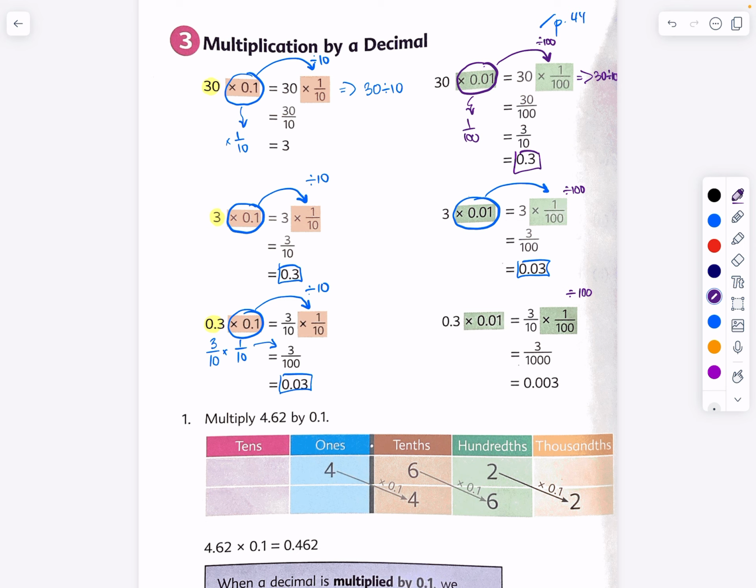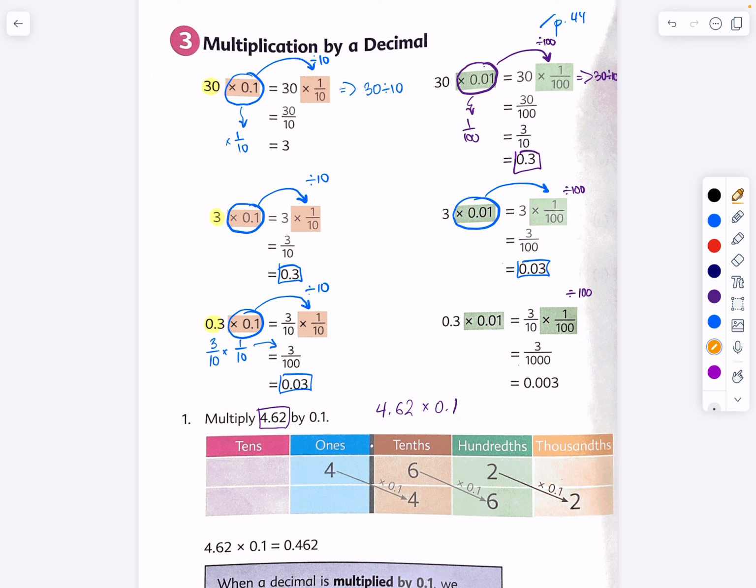So let's look at a different example right here below. We are now multiplying not 3 or 30 or 0.3. Let's multiply 4.62, 4 and 62 hundredths, times 0.1.